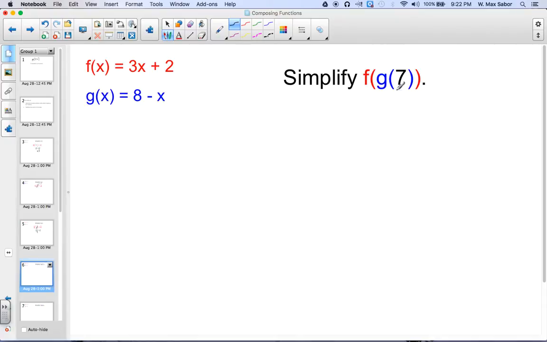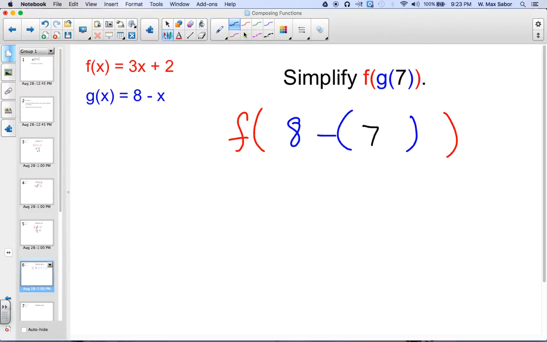If we start talking about composition, now we have multiple ways of doing this, but we're going to go with the easiest way. We have f of g of 7. G of 7 is 8 minus the blank, and that blank is 7.